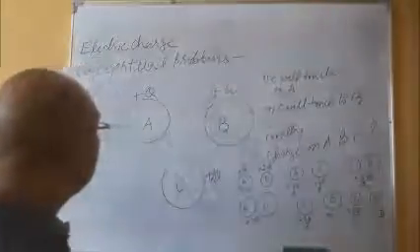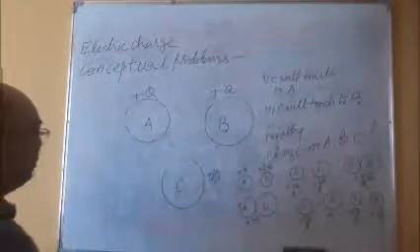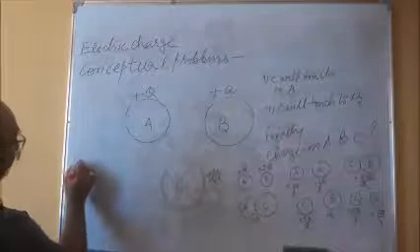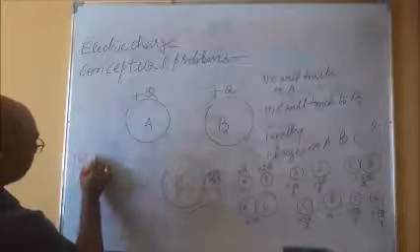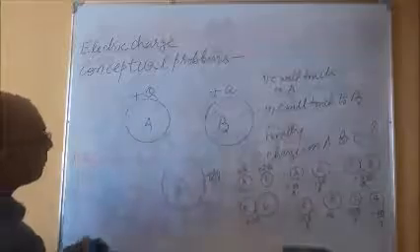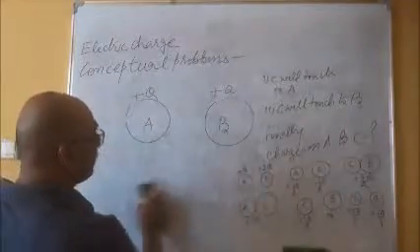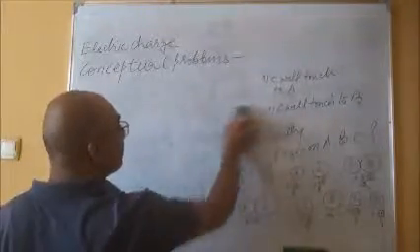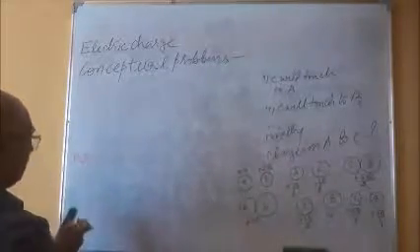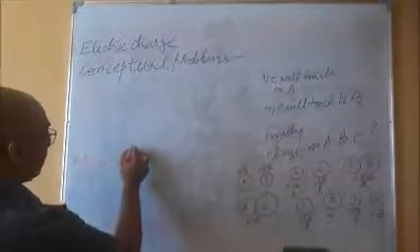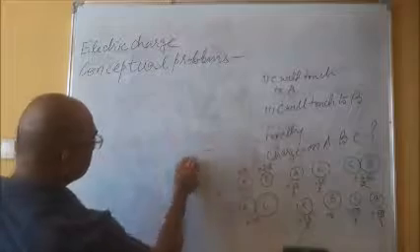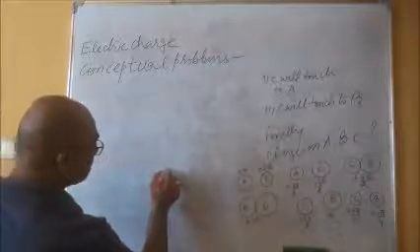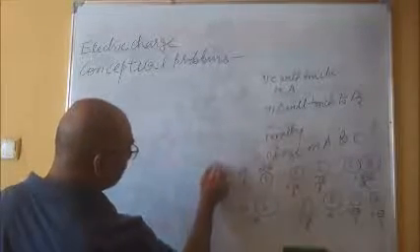Initially A, B, C had plus Q, plus Q, plus 2Q.